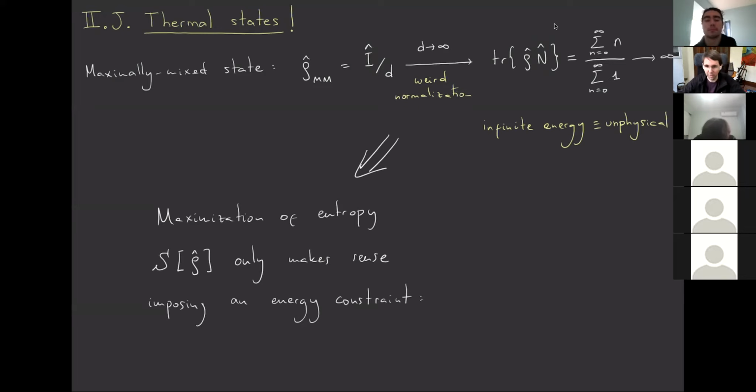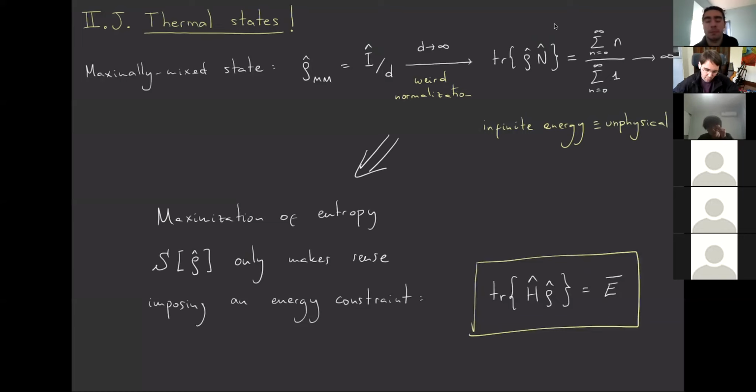Okay, and in particular, energy constraint means that we will just ask the expectation value of the energy, so of the Hamiltonian, so the average energy, to be equal to something that we have available in the lab. For example, some average energy that we have fixed.